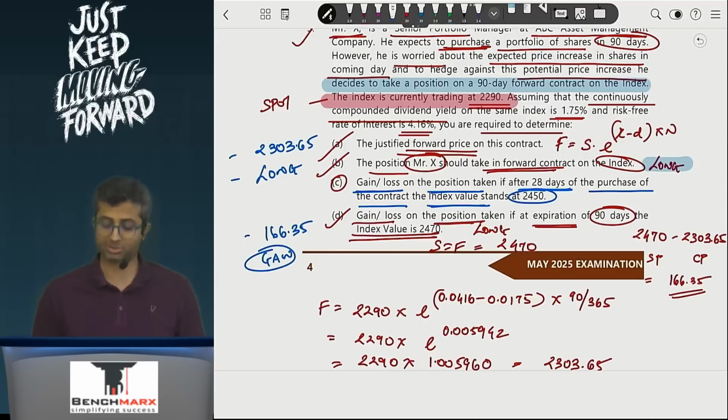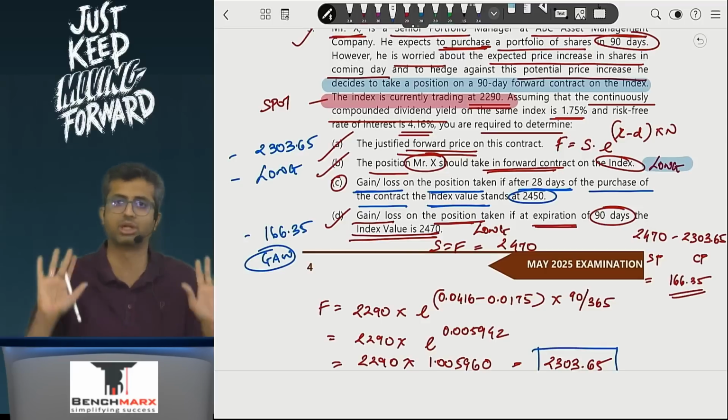Which means I've originally taken a long position, and in my limited understanding, and I might be wrong over here, I've taken it at 2303.65.